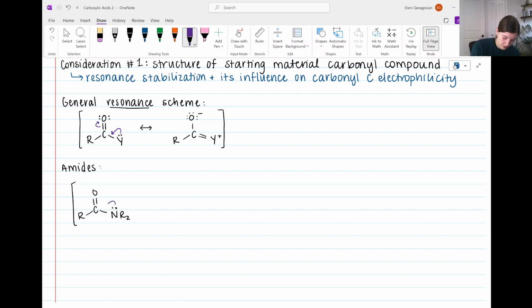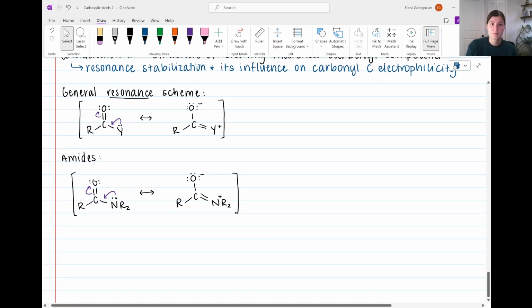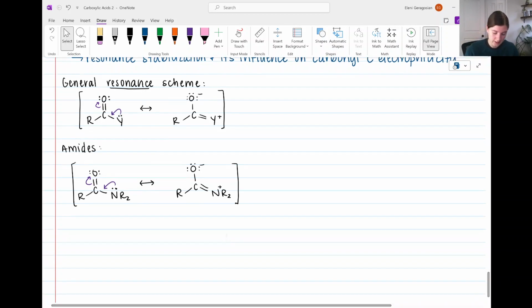So if we just show the resonance here, it'll look the same for all of these, but we are donating nitrogen electrons towards the carbonyl carbon and breaking the pi bond. So resonance in the starting material for amides would look like this.